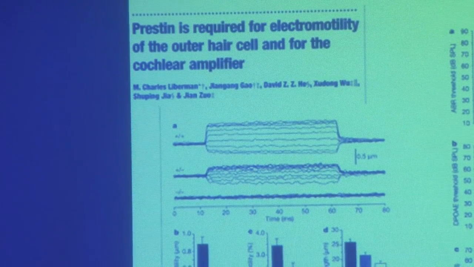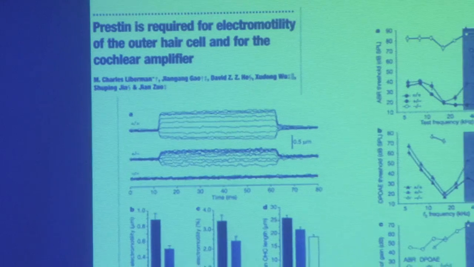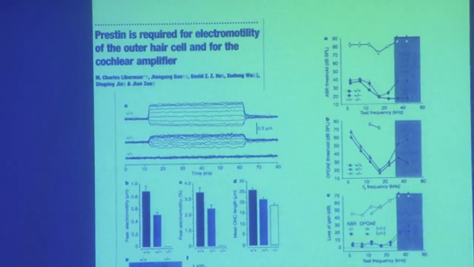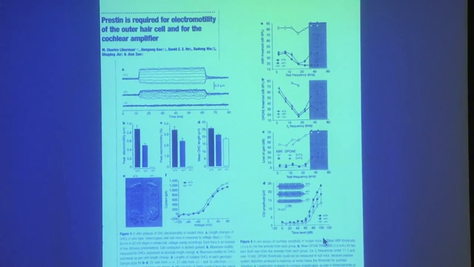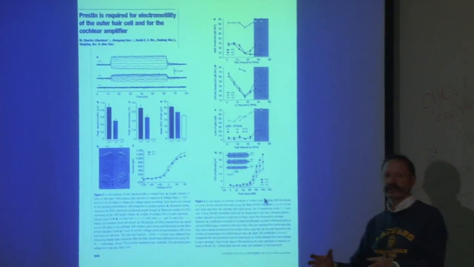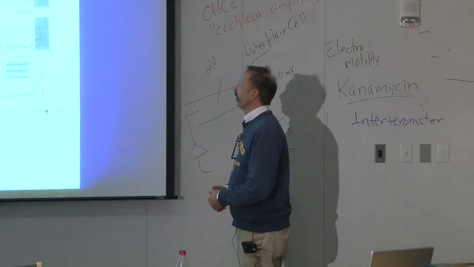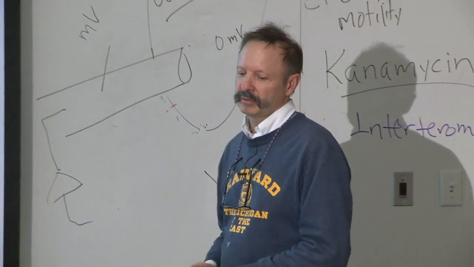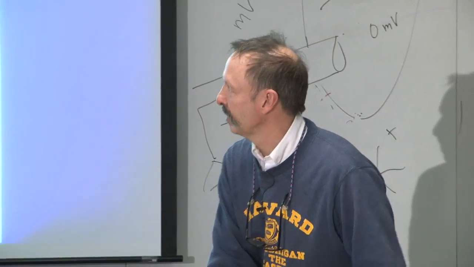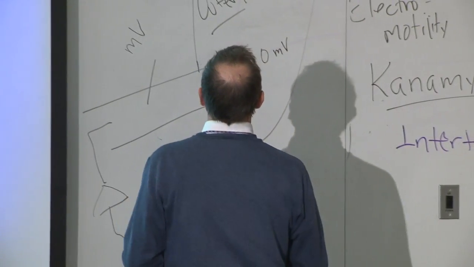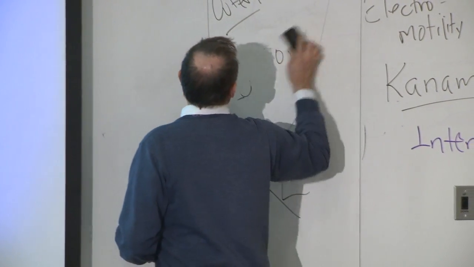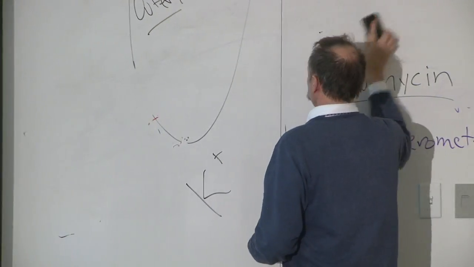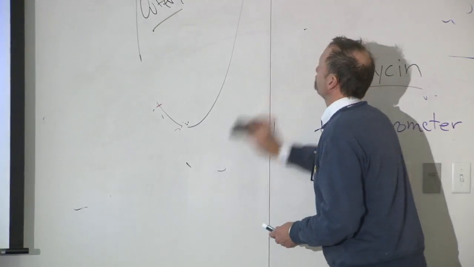It turns out you can knock out the cochlear amplifier by knocking out a particular protein in the outer hair cells and have the outer hair cells still there. And this work started out with the discovery of a protein that's in the membrane of the outer hair cells.